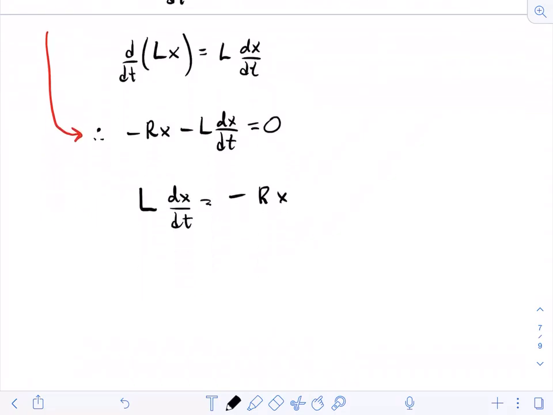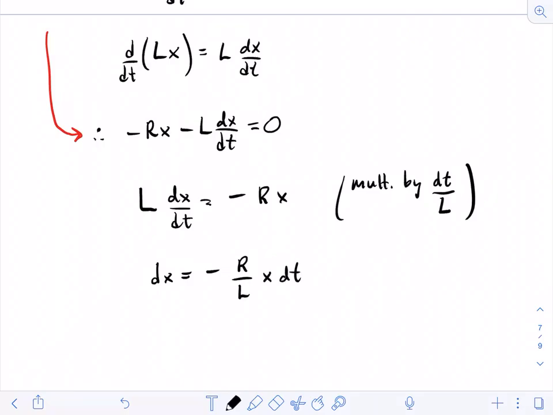Let's multiply by dt, and at the same time, let's make our multiplication factor dt over L. So then we'd get dx is equal to minus R over L x dt.